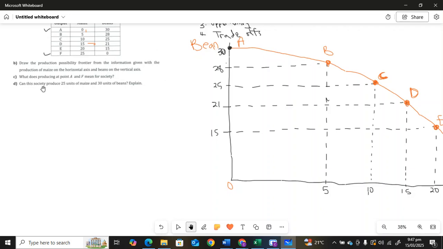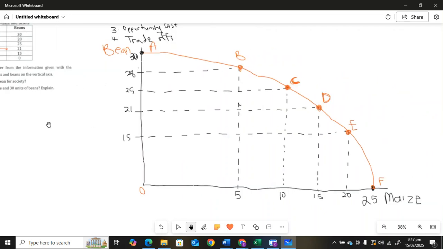Part D. Can society produce 25 units of maize and 30 units of beans? So 25 units of maize and 30 units of beans, they'll be at this point here. You just take your 30, bring it here, and the 25 units, bring it here. Can society produce this?